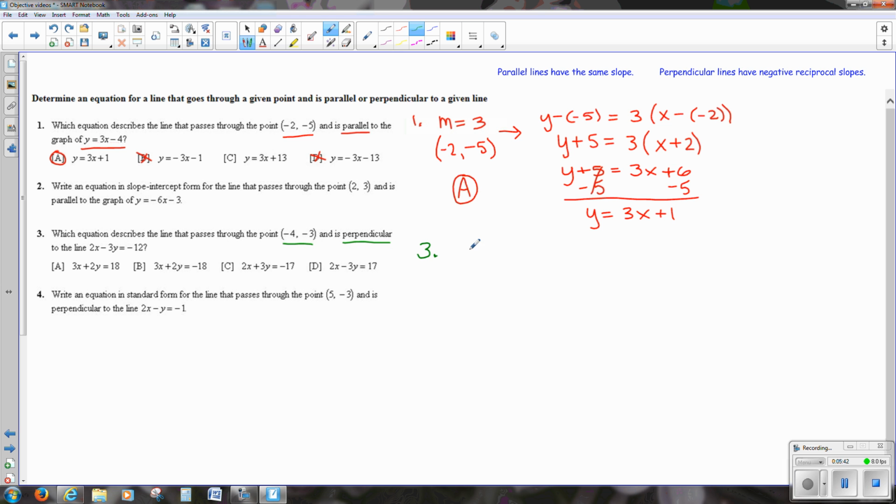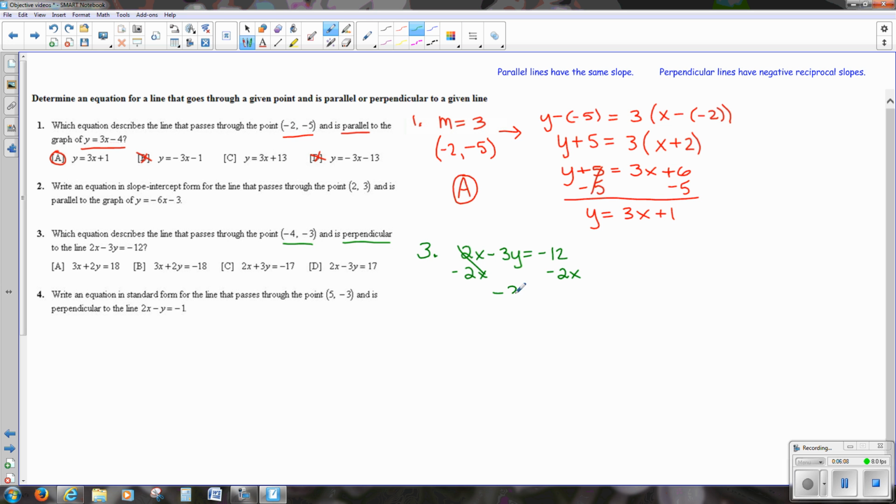little bit of work. So first I'm going to start by writing down the equation, 2x minus 3y equals negative 12. I want to solve for y so that I can find out what the slope is. I'm going to put this into slope-intercept form. So we're going to subtract 2x from each side.